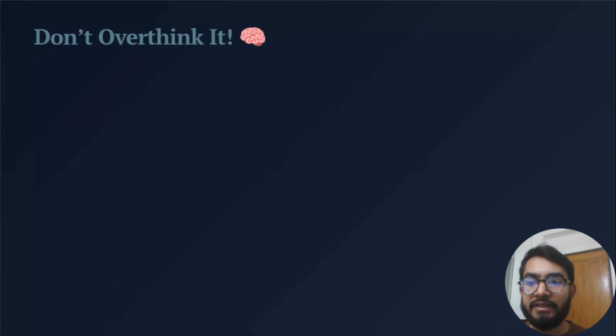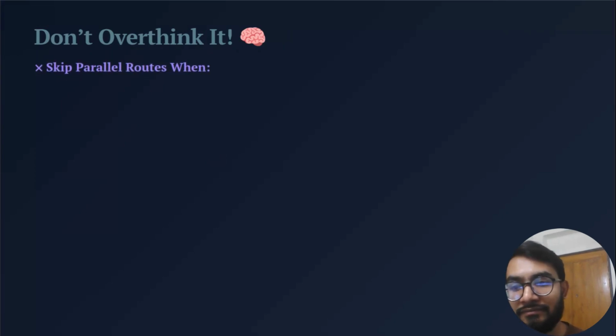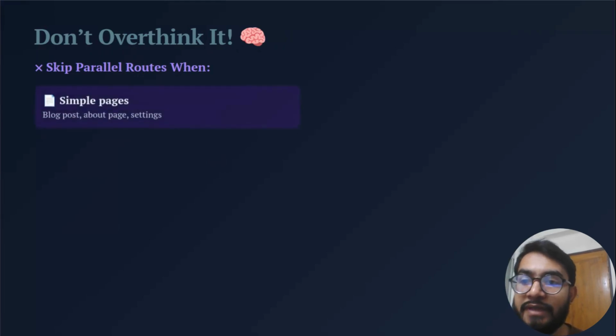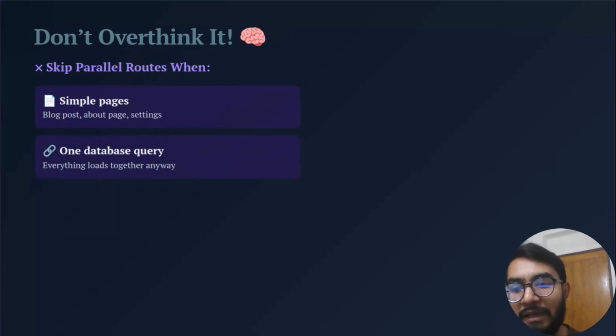But don't overthink it, because sometimes parallel routing might give you more overhead on the project. You can skip parallel routes when you have a simple page, like a blog post, about page or settings.